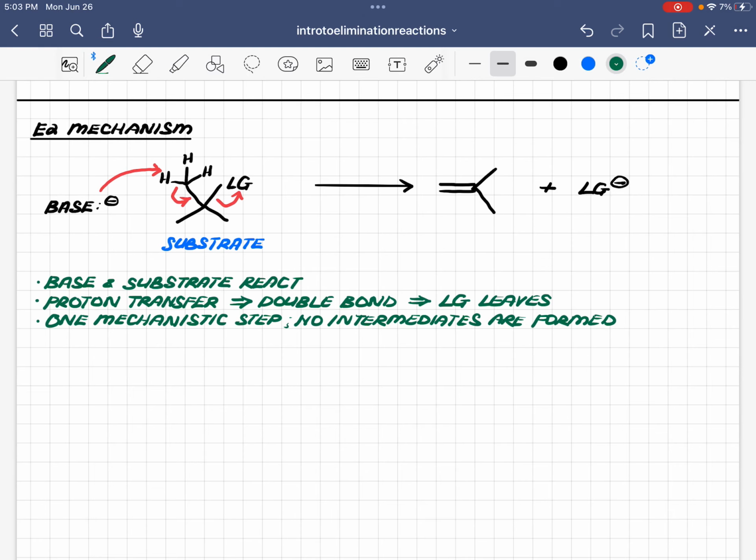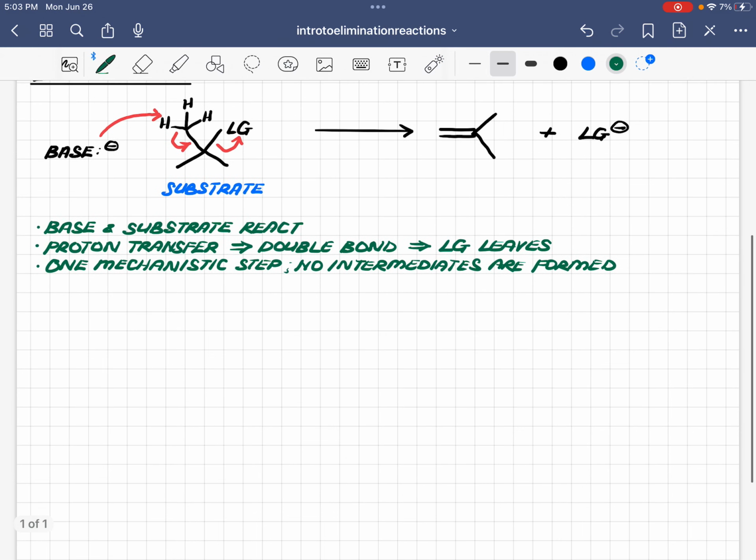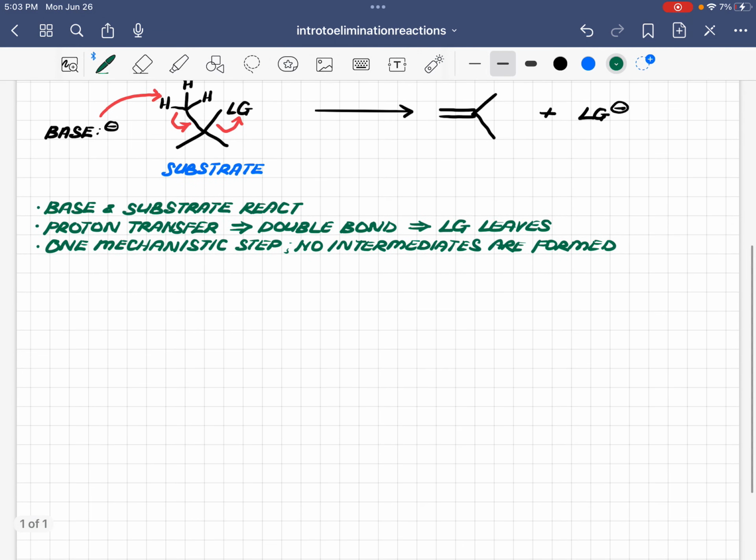We also call this an E2 mechanism because there are two reactants, a base and a substrate, reacting with each other. So an E2 reaction is called a bimolecular elimination reaction.